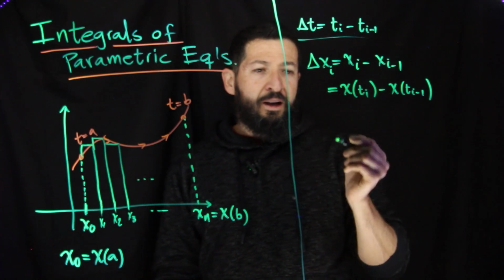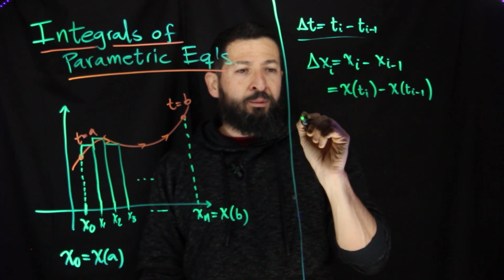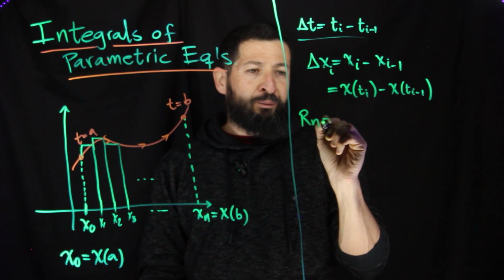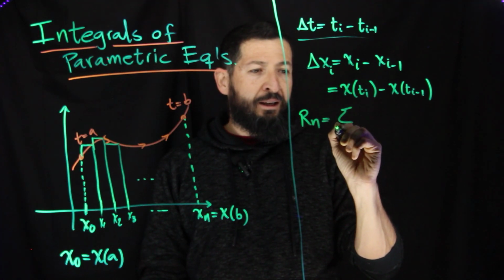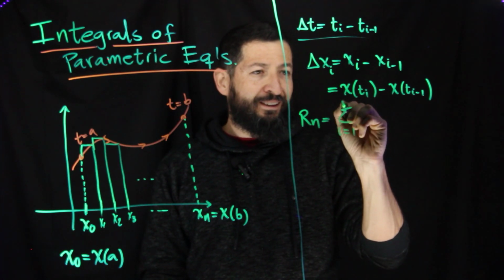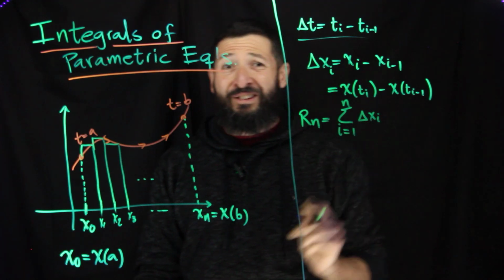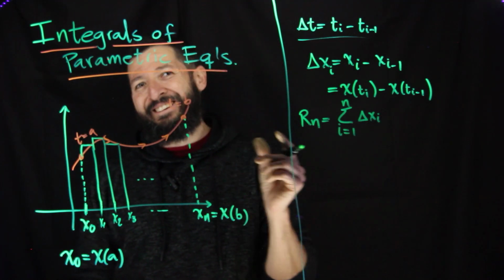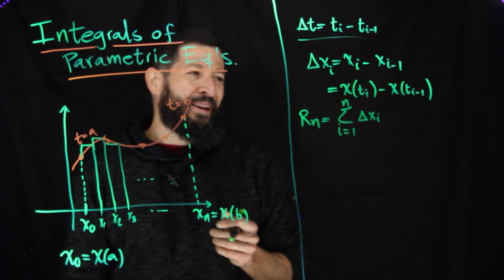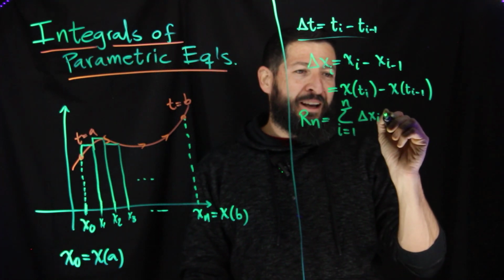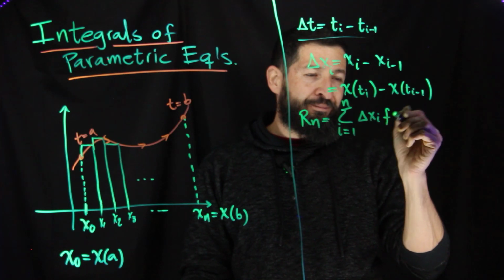Now, what is the formula for my right sums in this case? My right sums would be the sum from i equals 1 to n of delta xi. You see now the delta x is not uniform with respect to x, it's uniform with respect to time. And then times f of xi.